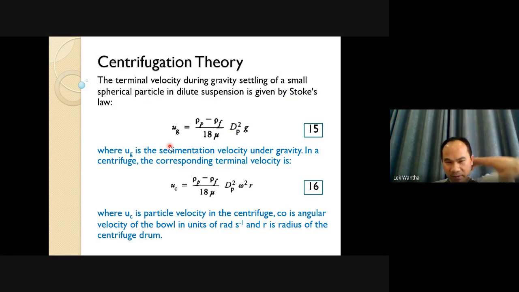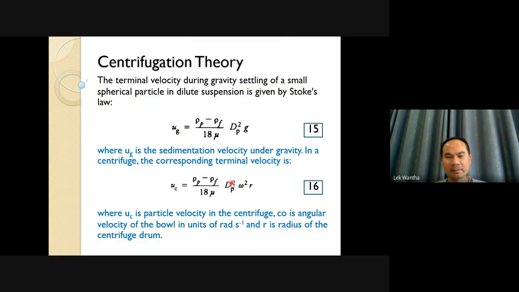For the centrifuge, the separation is based on G force. In the same way, we calculate the terminal velocity based on centrifugal force, and we call it Uc. It is similar: rho P minus rho F, divided by viscosity, times dP squared. But instead of g, it is the centrifugal force.